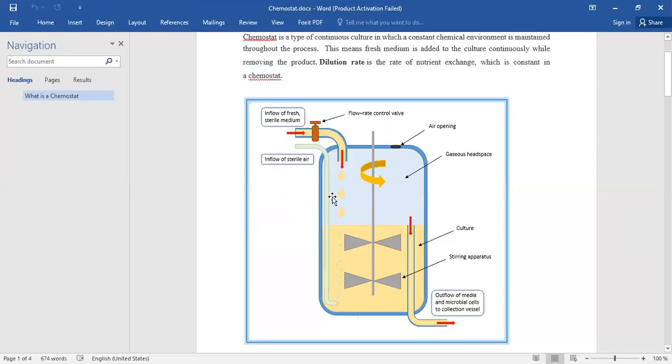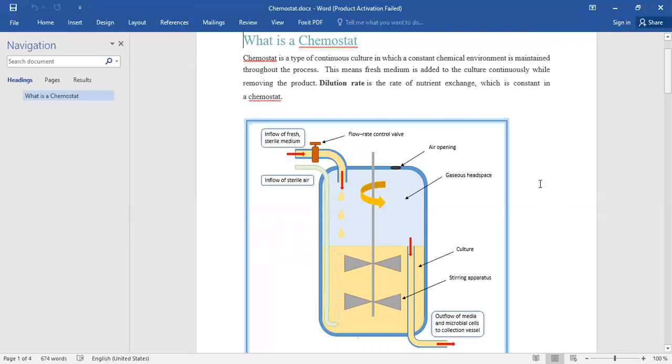So in the chemostat method, the dilution of the nutrient exchange is maintained constant.